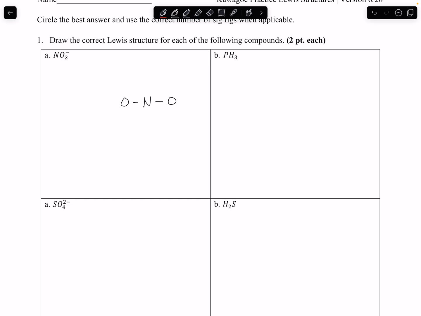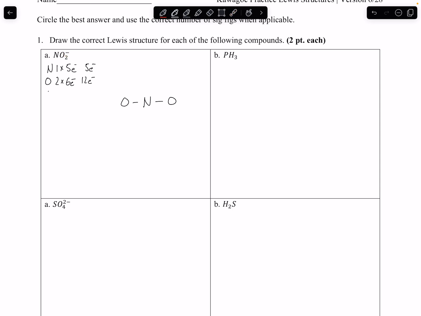Now, I also want to calculate valence electrons. So this is the other thing that you could do first. Since we have nitrogen, we have one of those, and we have two oxygens. Nitrogen has 5 valence electrons, and each oxygen has 6 valence electrons. So that's going to be 5 plus 12, plus we have a charge.